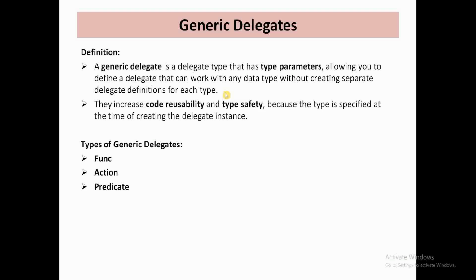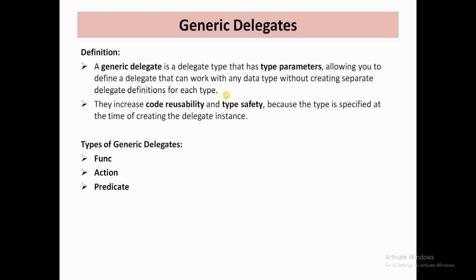We directly use that generic delegate with the methods, where we can directly use the calculation in that particular delegate. So that is a generic delegate without creating any separate delegate, meaning we do not want to create any definition separately, and then we can invoke that particular delegate.